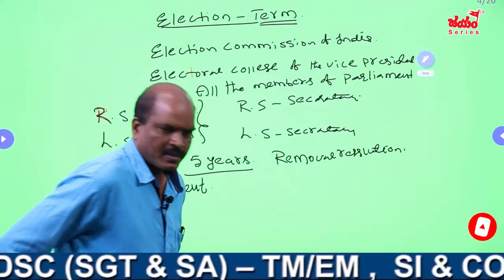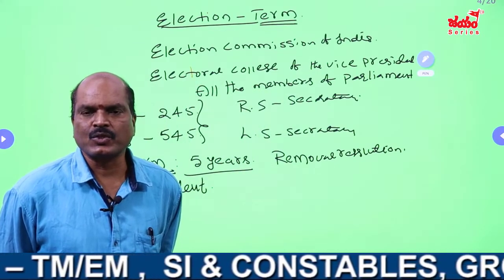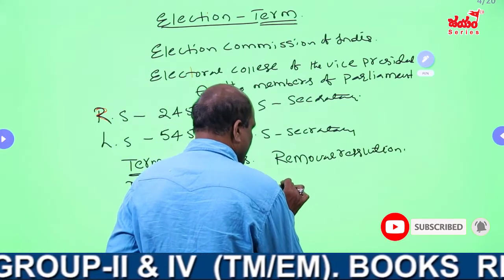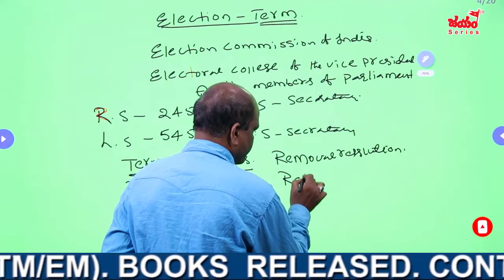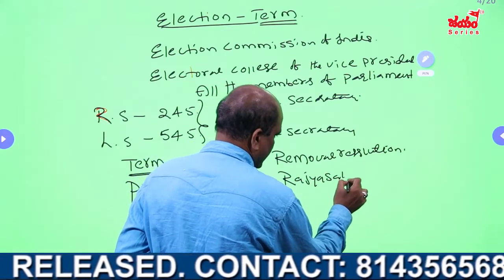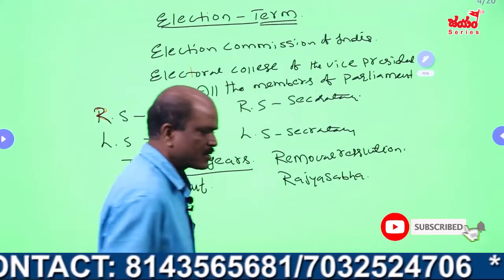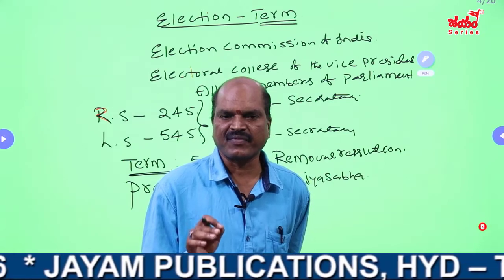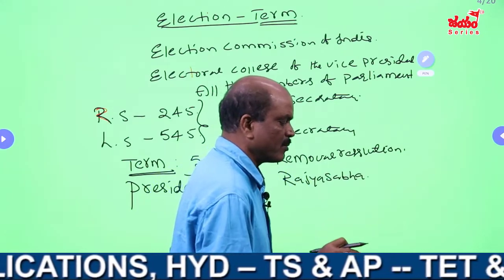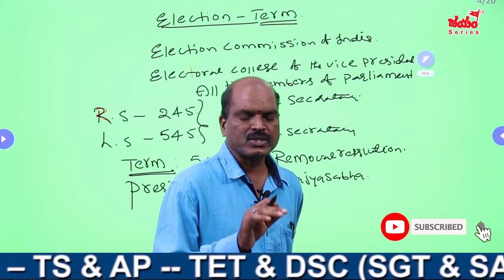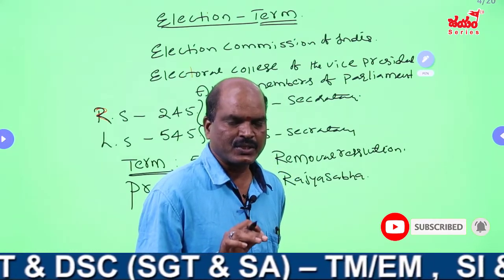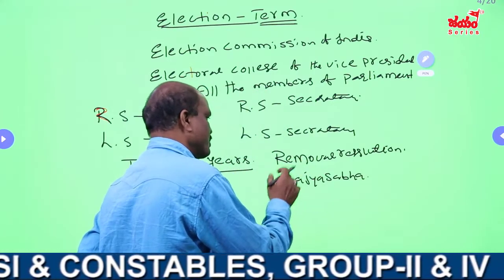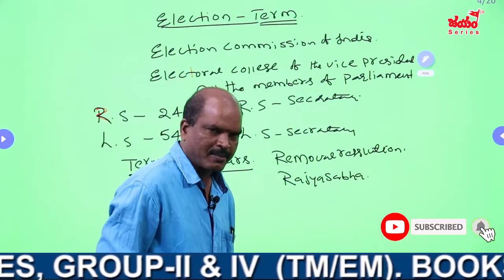We introduce the removal resolution against the Vice President of India firstly in Rajya Sabha, because the Vice President is the ex officio chairman of Rajya Sabha. So we should introduce and move the removal resolution against the Vice President only in Rajya Sabha.